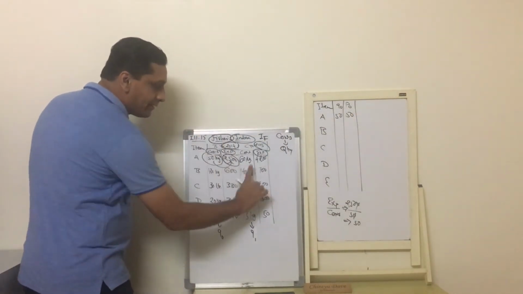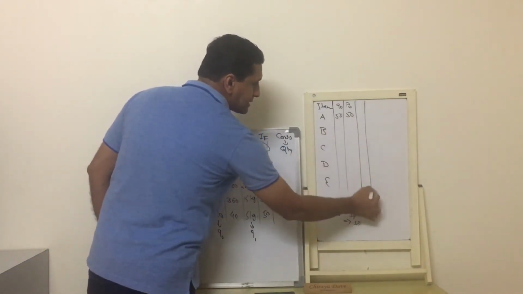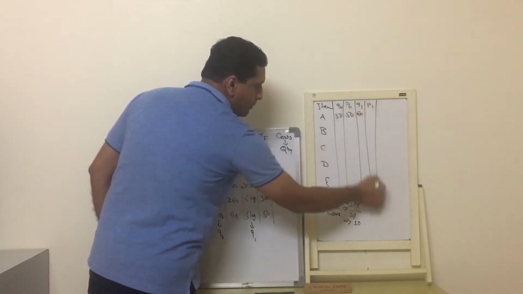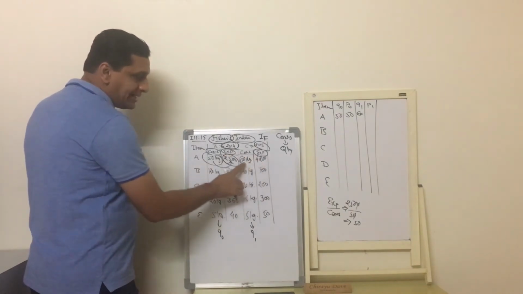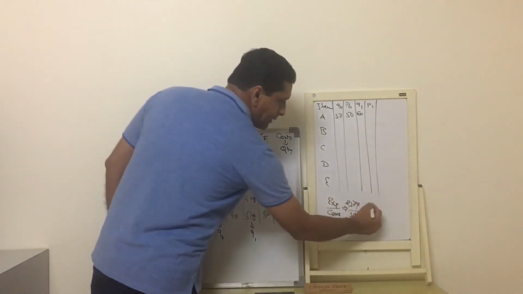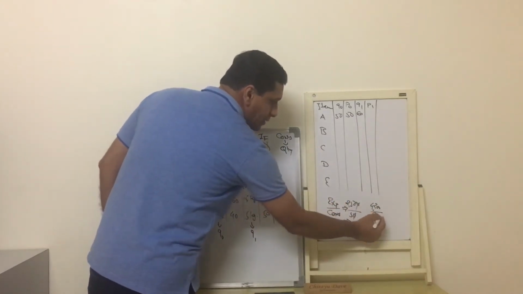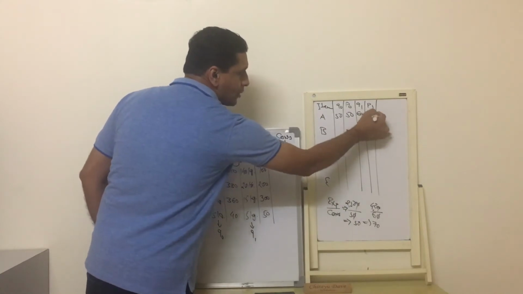Again, same thing for this line: 60 kg is the new quantity. How can we get the new price? The new price will be 4200 divided by 60, which shall give you 70 rupees. This is your new price.